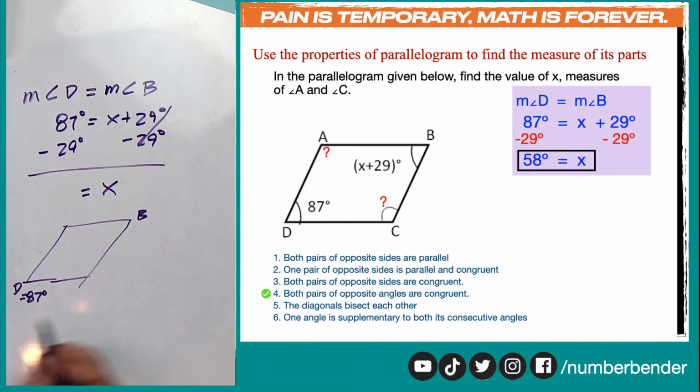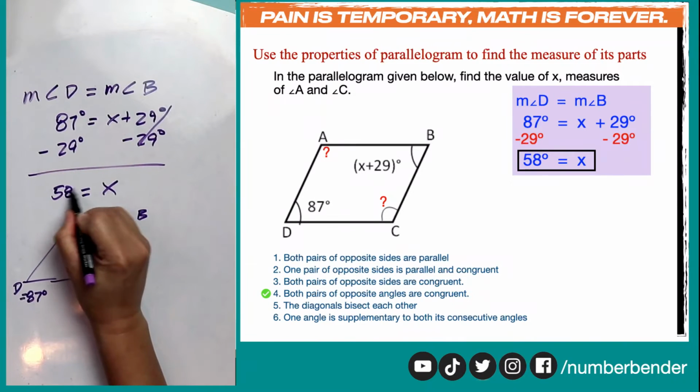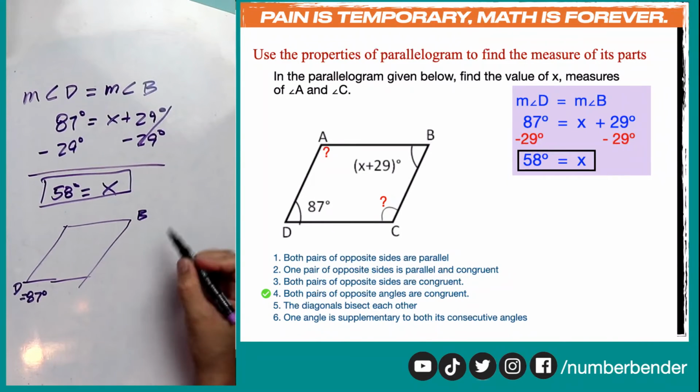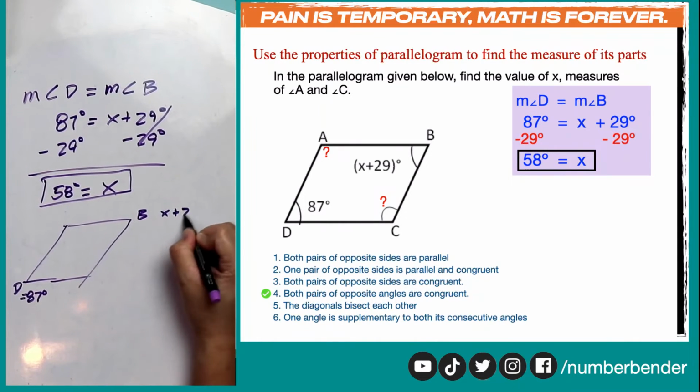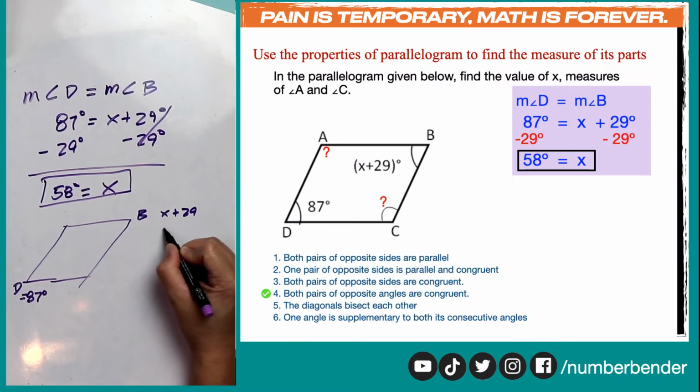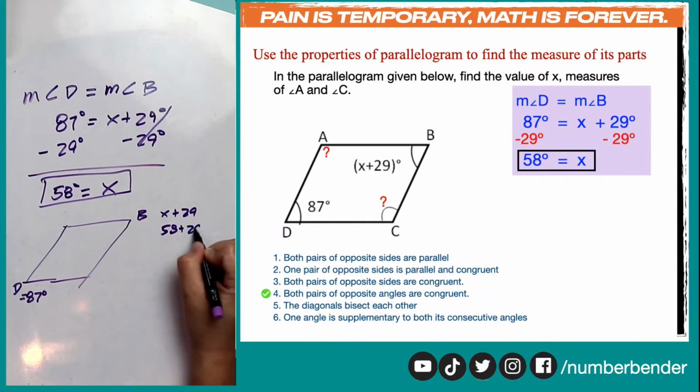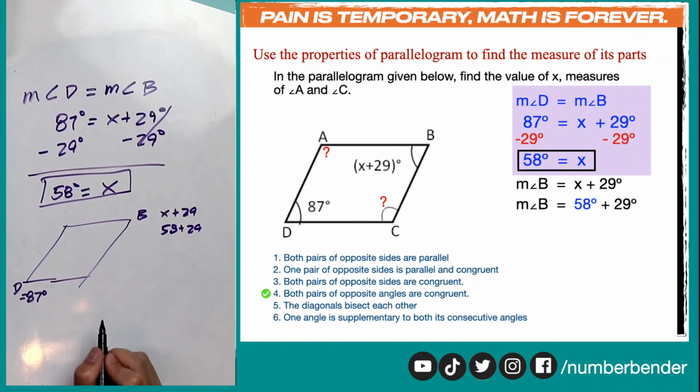87 minus 29 is equal to 58. So we have 58 degrees for x. So now we're ready to find angle B, which is equal to the expression x plus 29, and x is equal to 58. So all we need to do is add them up, and we'll be able to find the value of angle B, which is equal to 87 degrees.